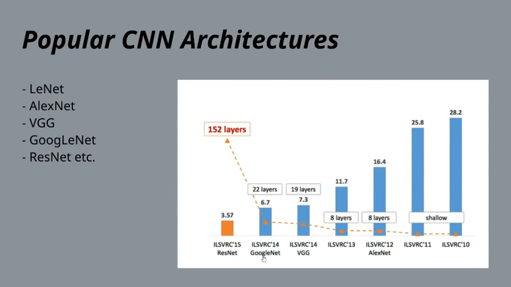Let's talk about some popular CNN architectures. There are a couple of architectures that are very popular, like LeNet, AlexNet, VGG, GoogLeNet, ResNet. LeNet was introduced by Yann LeCun, and AlexNet was introduced by Geoffrey Hinton.